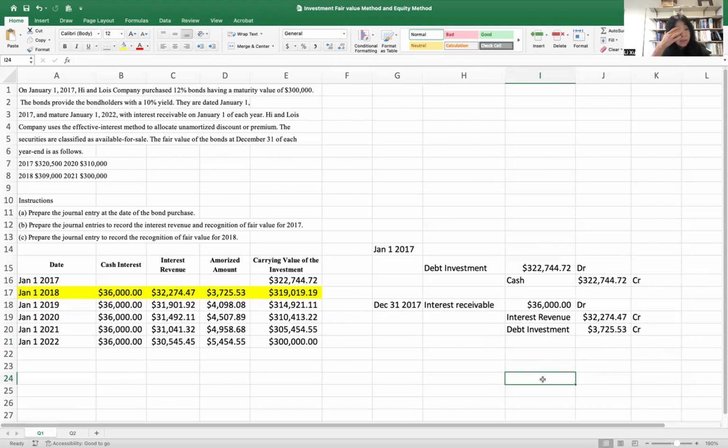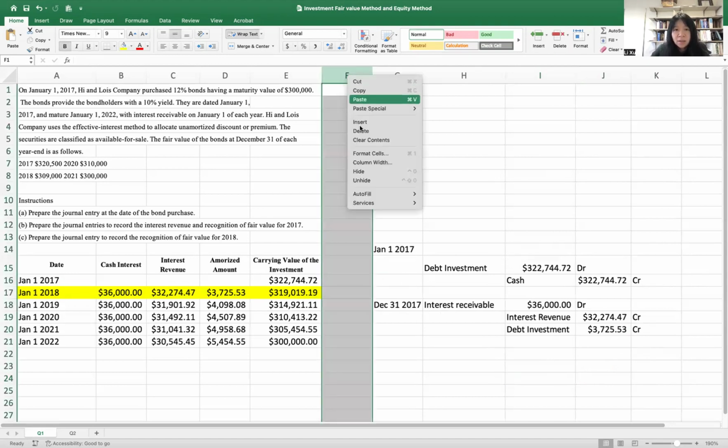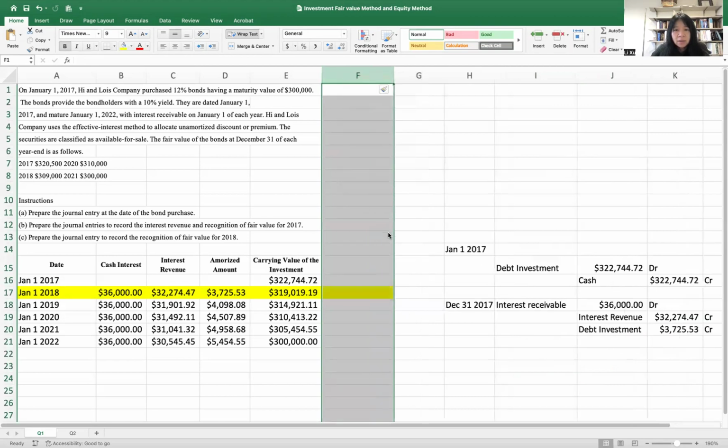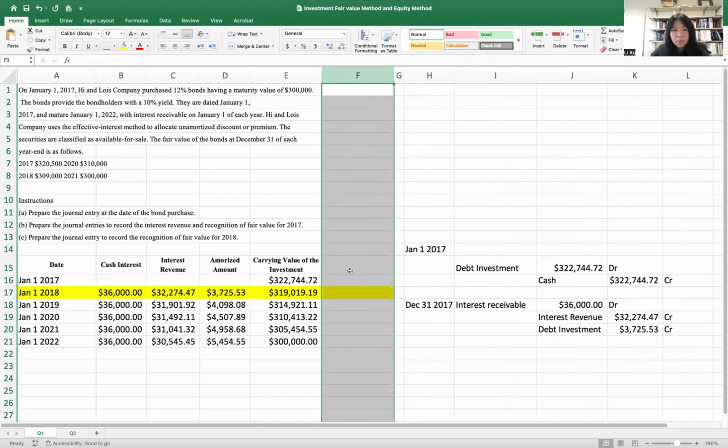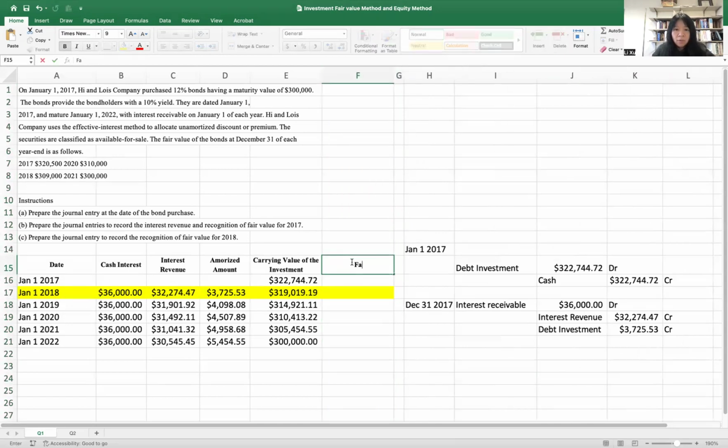And next one, we're going to adjust for the fair market value, right? Here, to adjust for the fair market value, we need to know the difference between the fair market value and the book value. So here, I'm gonna put one more column here, so you can do the comparison side by side. And on 2017, they tell you the fair value is 320,500.